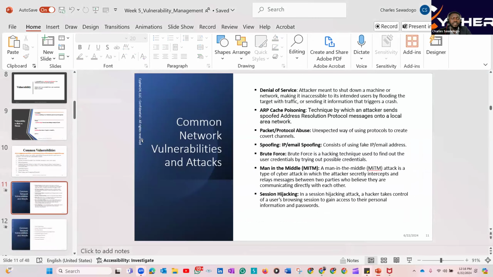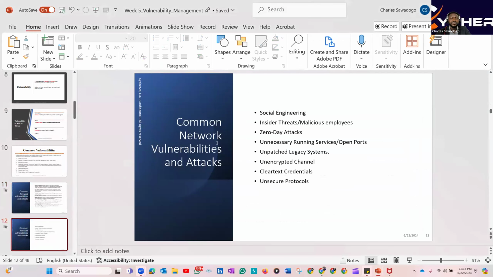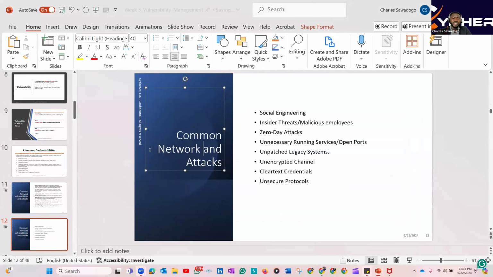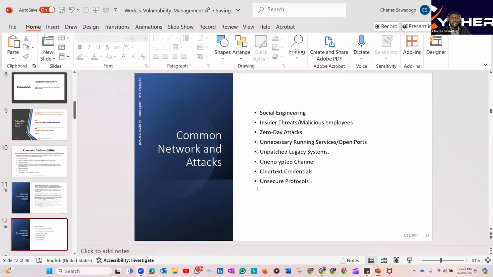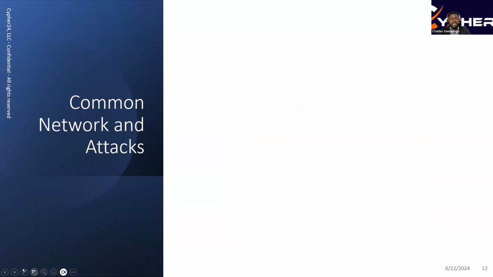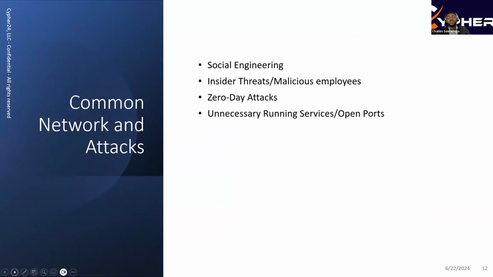All right. Okay, so let me see, and we continue here. You can have social engineering. We already saw that in the class, and we already saw things like insider threats, malicious employees, etc. We saw zero-day attack.